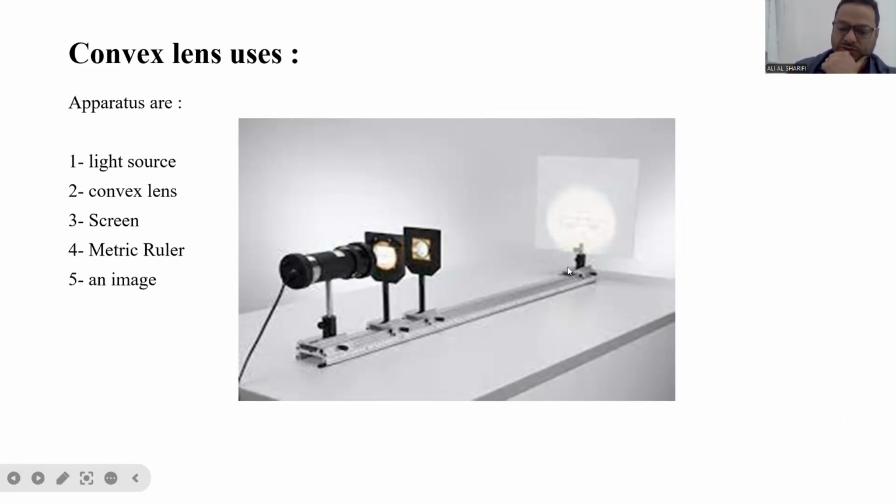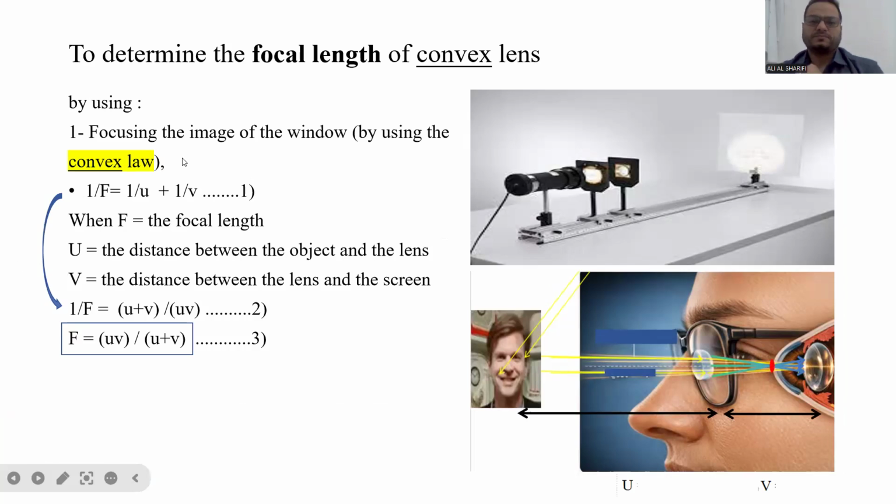It's the metric ruler. Here, let's calculate the focal length directly by using this focal length law: the inverse of the focal distance equals inverse u plus inverse v. Which one is the v?